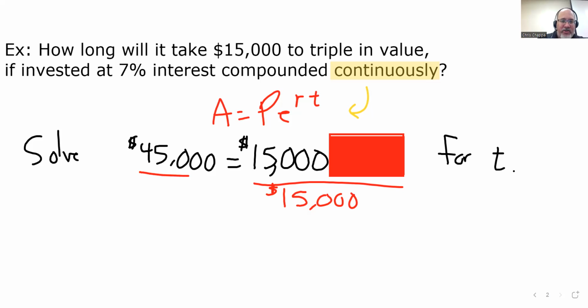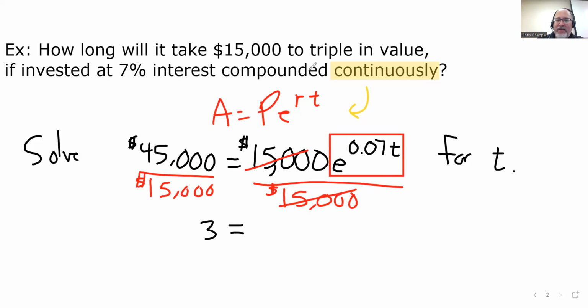If you don't write the dollar signs, it's okay. That will cancel the 15,000s. On the left, unsurprisingly, 45,000 divided by 15,000 is 3. That's because we were tripling. And then what's left is whatever is under the red rectangle. Well, what was under the red rectangle was e to the 0.07t power.